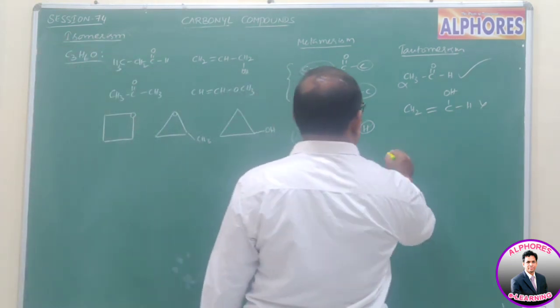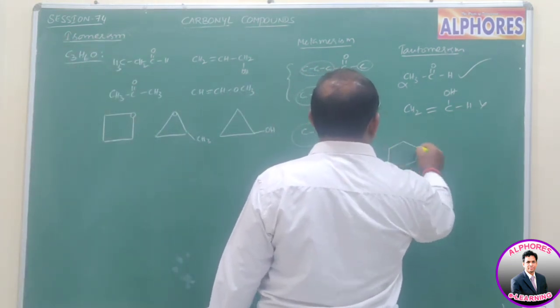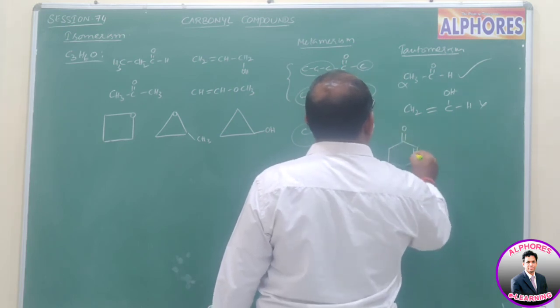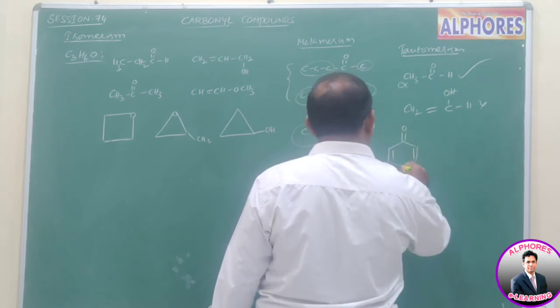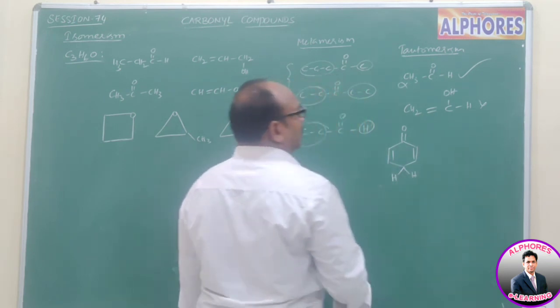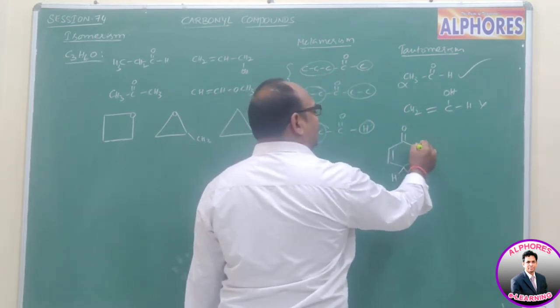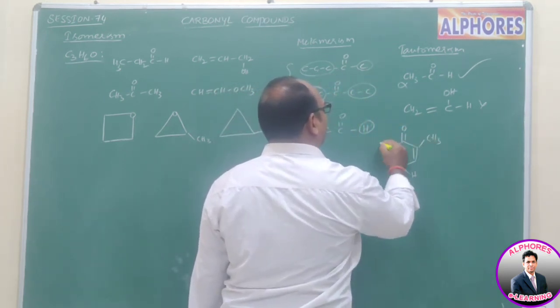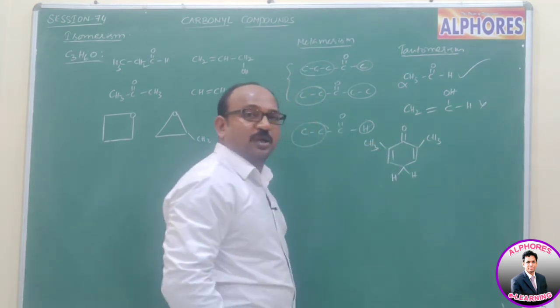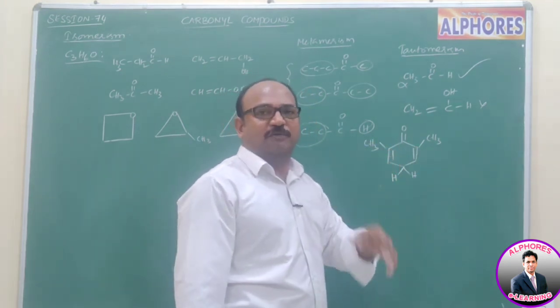Now, if you observe this compound, C=O, with respect to this C=O, this is alpha. Suppose there are two alpha carbons attached to methyl groups, means here we can say there is no alpha hydrogen.